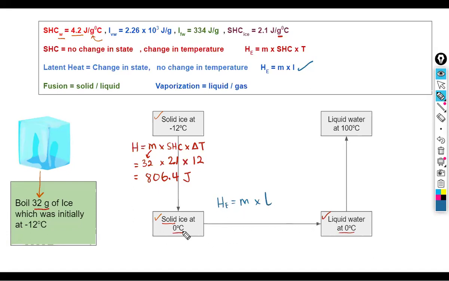This is fusion because it's going from solid to liquid. The mass is still 32 grams, and the latent heat of fusion of water is given in grams as well. Everything matches up, so just multiply those two things and you're on your way.